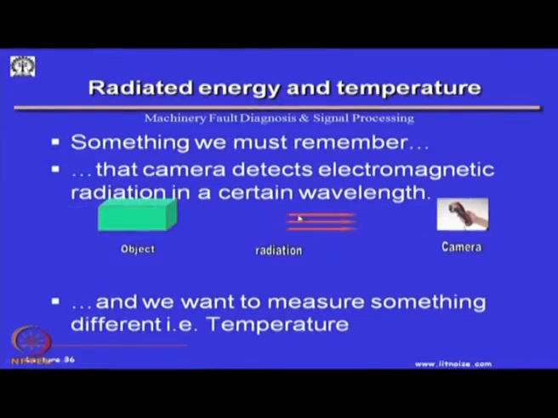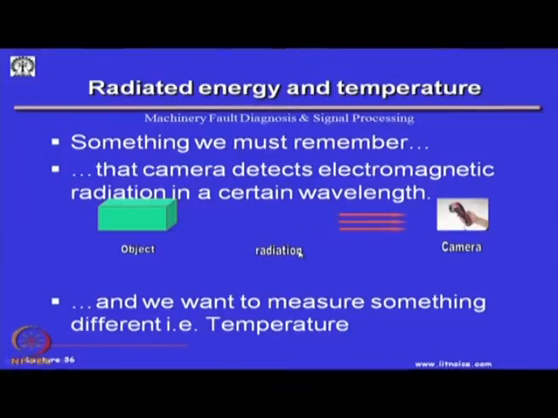Now, if the object or body is giving out radiation, I can have a device which can capture this radiation and then get a sense of what the temperature is, and that is the essential principle behind thermal radiation or thermography.